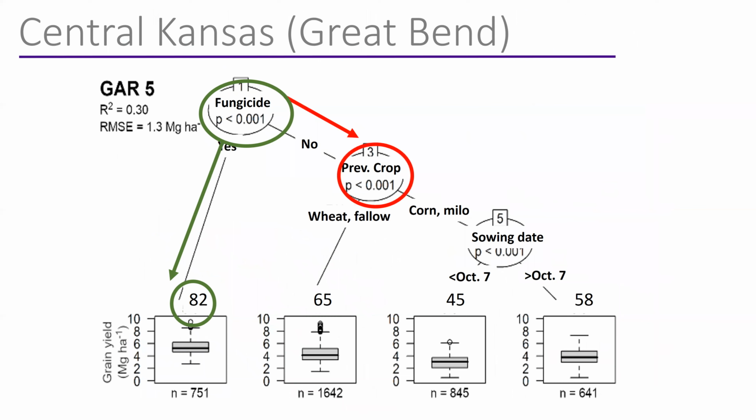Trials that did not get foliar fungicide yielded less, but that yield depended on the previous crop. If the trial was following corn or milo, and if it was planted too early, before the 7th of October, that resulted in the lowest yields of about 45 bushels per acre. If the trials in these regions were planted after wheat or fallow, they resulted in about 65 bushels per acre.